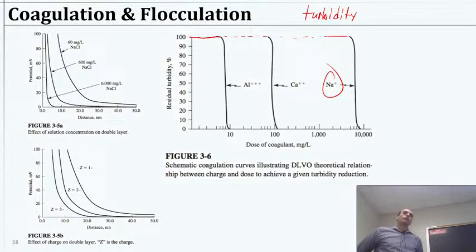So adding the extra charges is having a very, very large impact. From 1 plus to 2 plus, that was 100 times different, and then 2 plus to 3 plus was another 10 times different.